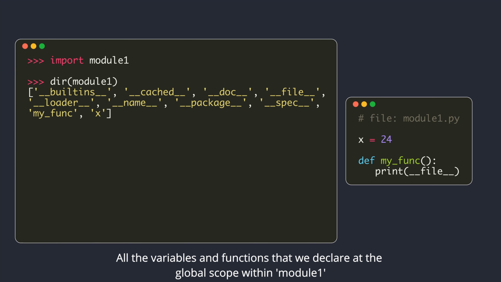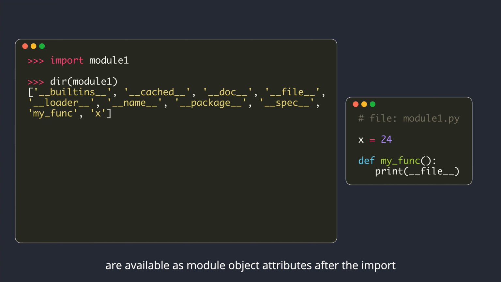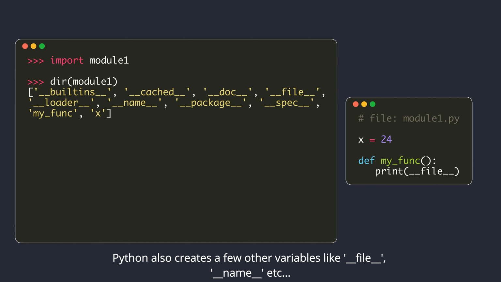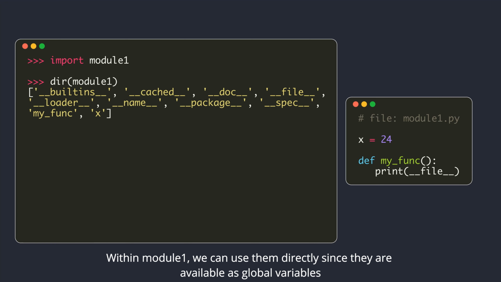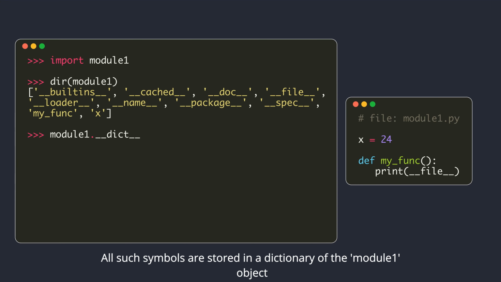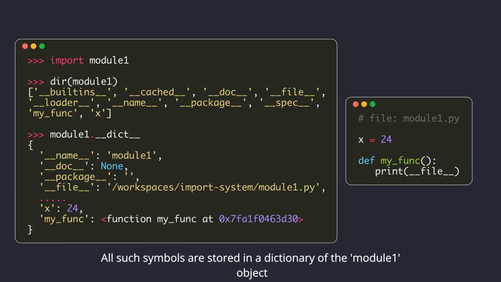All the variables and functions that we declare at the global scope within module1 are available as module object attributes after the import. Python also creates a few other variables like dunder file, dunder name, etc. Within module1, we can use them directly since they are available as global variables. All such symbols are stored in a dictionary of the module1 object.